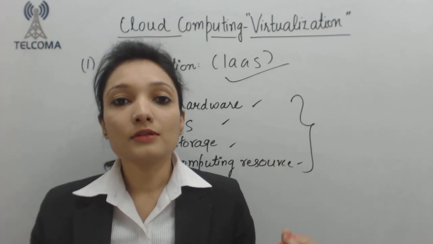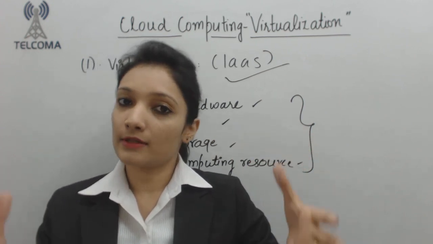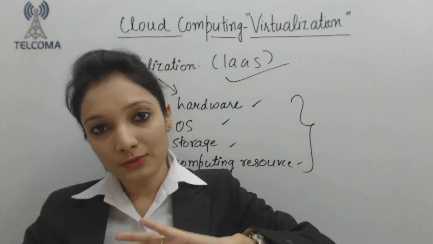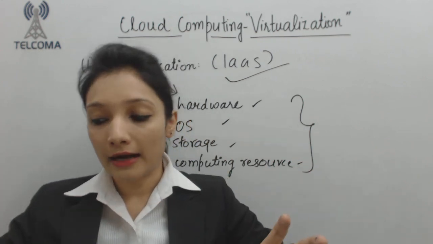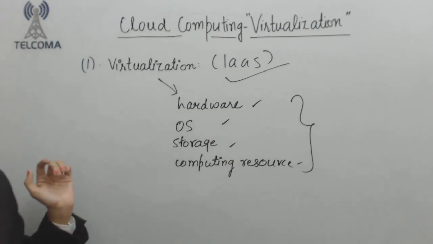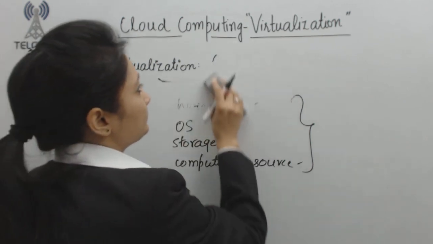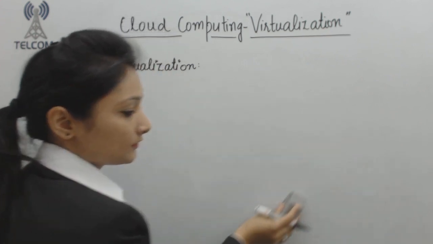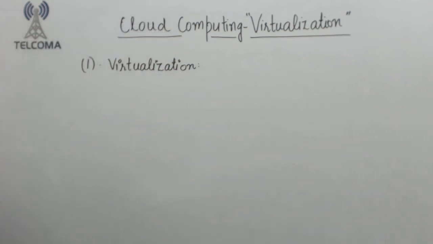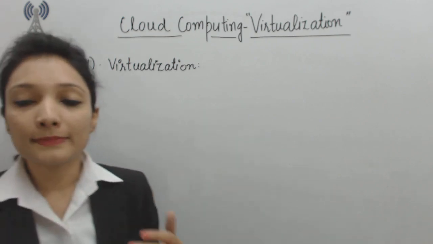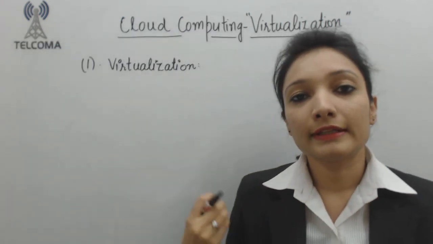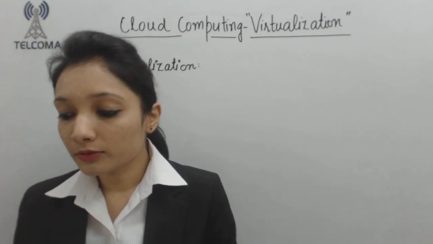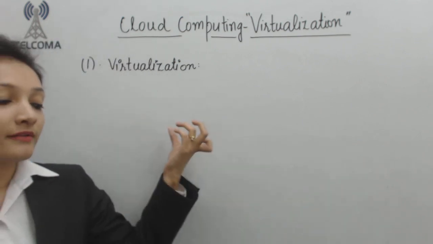You have one system, that is your hardware and the operating system. Now you can create another virtual machine over that existing hardware and system. It is simply done by assigning a logical name to a physical resource and providing a pointer to that particular resource whenever it is required.